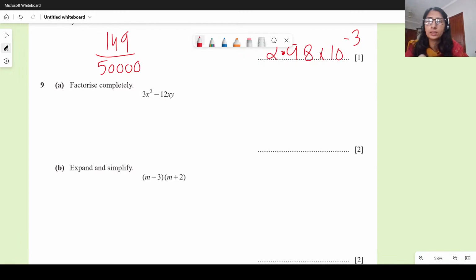Factorize this completely, so we can take 3 common and x common, so we're left with x minus 4y, which is the answer.